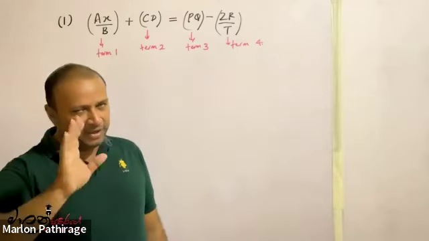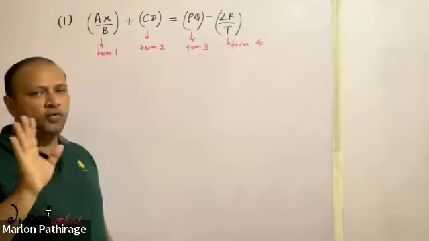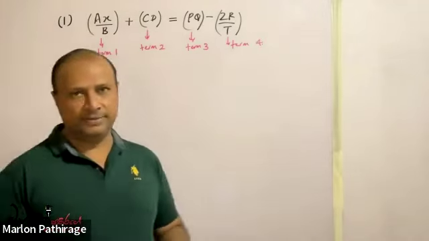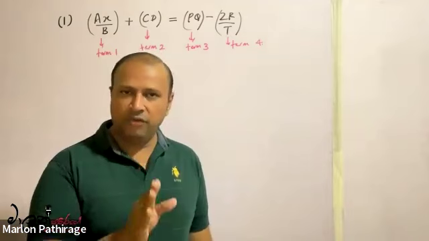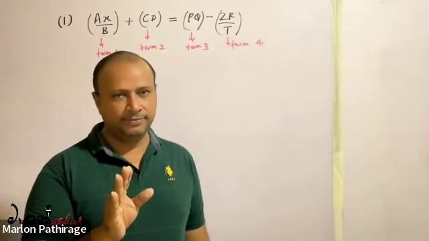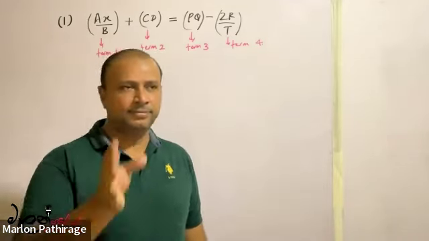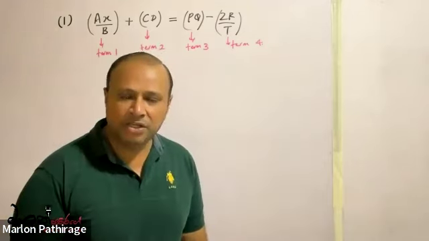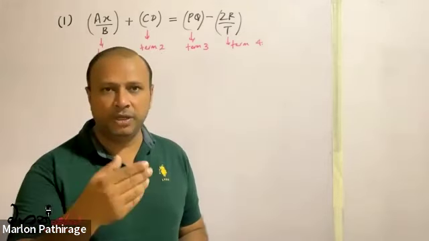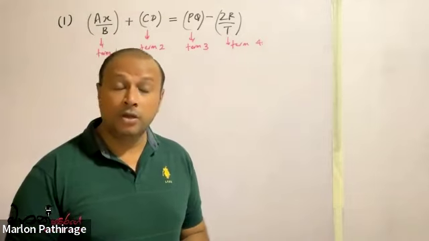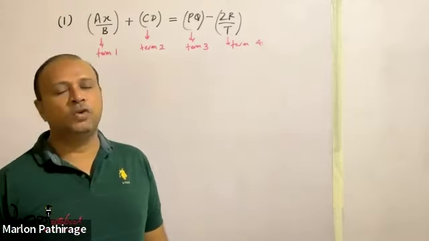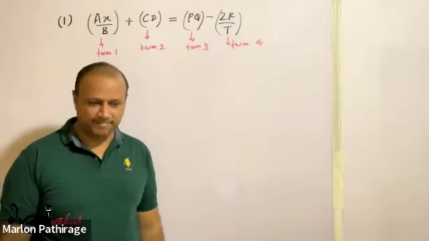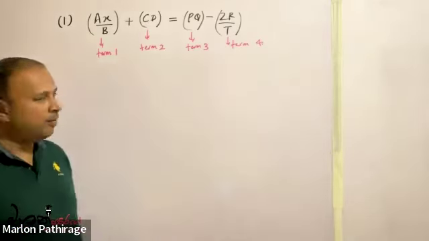Okay, is that clear? We cannot add or subtract two different physical quantities. Therefore, if there's addition or subtraction, the dimensions of those physical quantities should be equal. That is rule number 1. What is rule number 1?